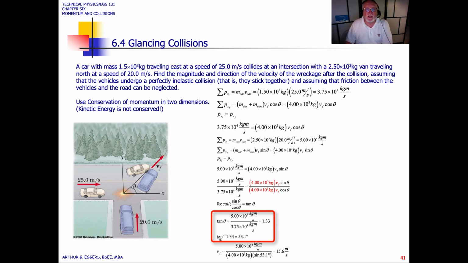If I take the inverse tangent of both sides, I get the angle. The inverse tan of 1.33 is 53.1 degrees. Now I can put that value back into either of the relationships. Let's put it into the one with the sine of 53.1. Multiply those together, divide it into 5 times 10 to the fourth kilogram meters per second, and I get a final velocity of 15.6 meters per second.